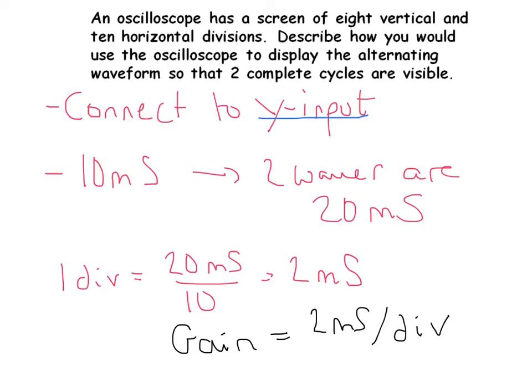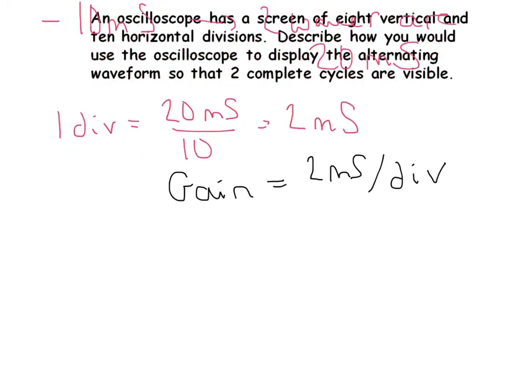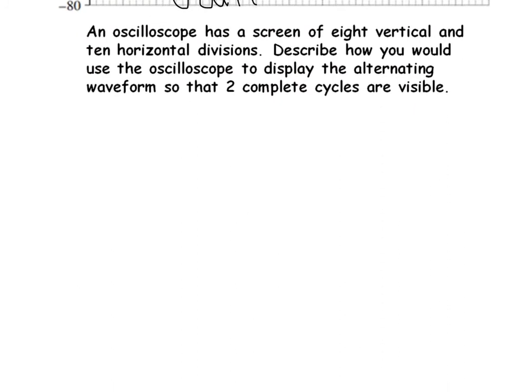But what about in the Y direction? Because earlier on we measured the peak-to-peak value of it, and we got the peak-to-peak was 128 volts. So we want to be able to display that on your screen, and we've got 8 vertical divisions to do that.